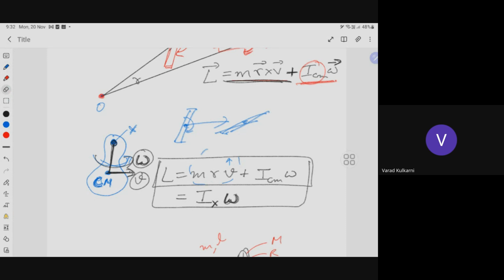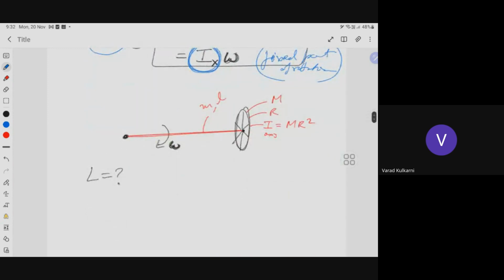So either you can use this formula, or if there is a fixed point of rotation, then you can find the moment of inertia about that point of rotation, and I_x into omega is also a formula. So your wish, you can use any of it. This formula is valid all the time. This one is only valid for a fixed point of rotation. Okay.